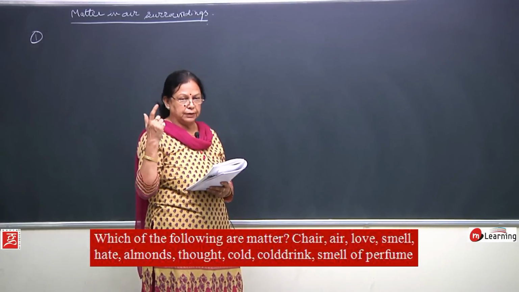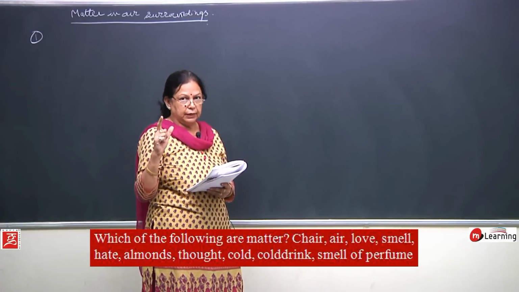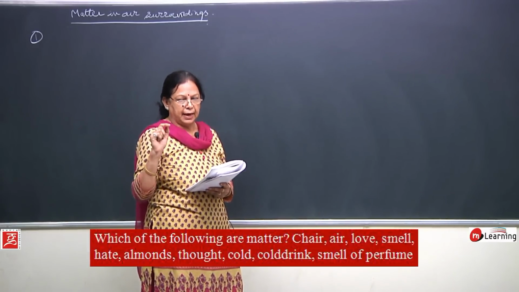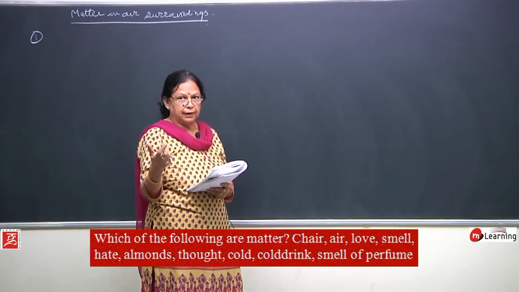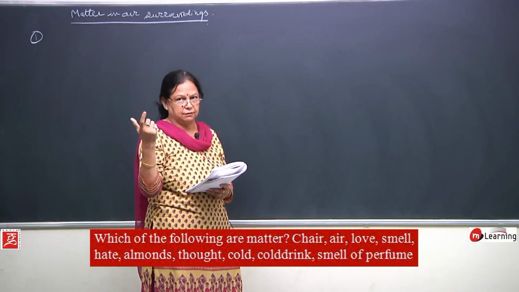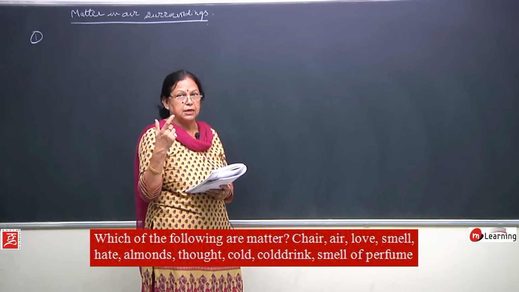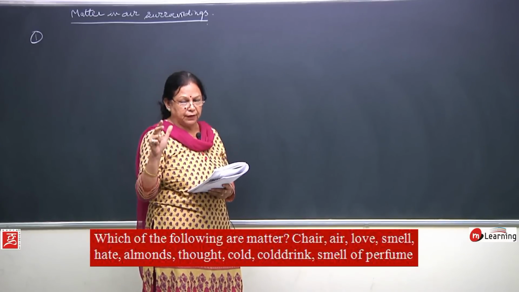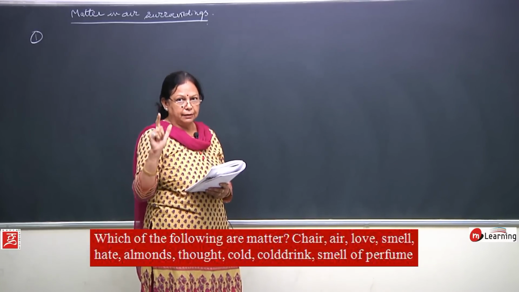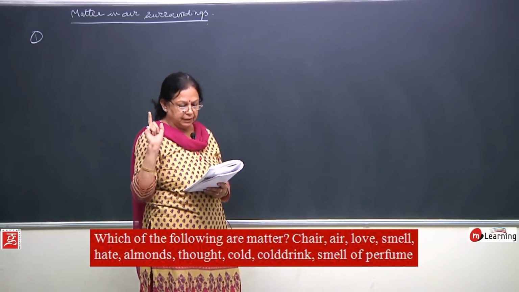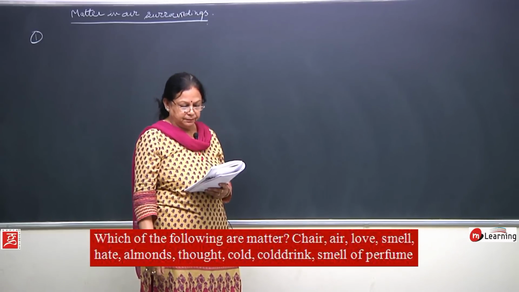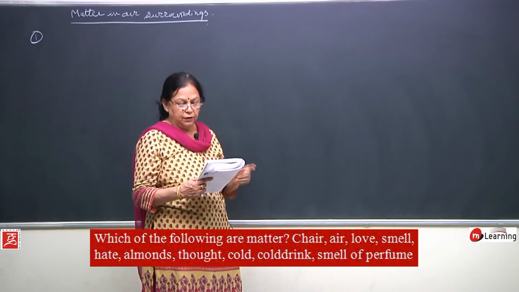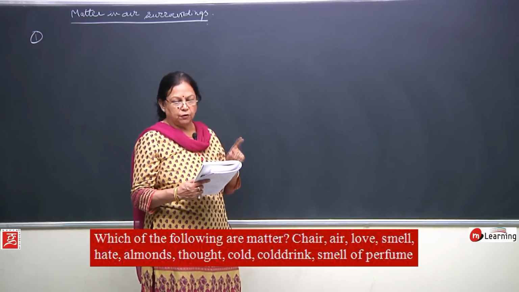Now first try to understand what is matter, which you have already done. Anything that occupies space, has mass and can be felt by the five senses. What are the five senses? Sense of touch, sense of smell, sense of seeing, right? So if you can feel it through these senses, and it has mass and occupies space, then it is called matter. First thing is chair, then love. First you see how many are solids and how many are liquids.